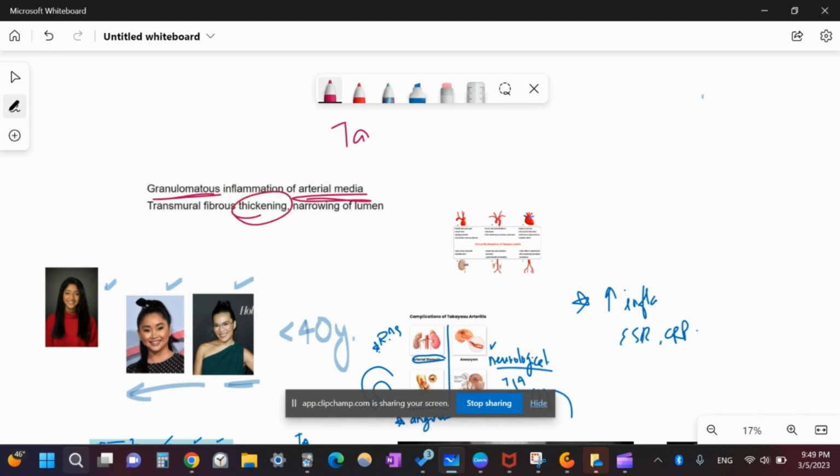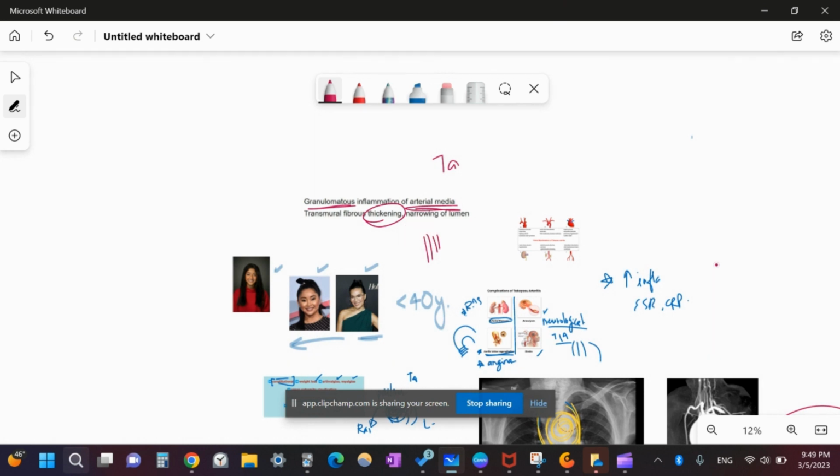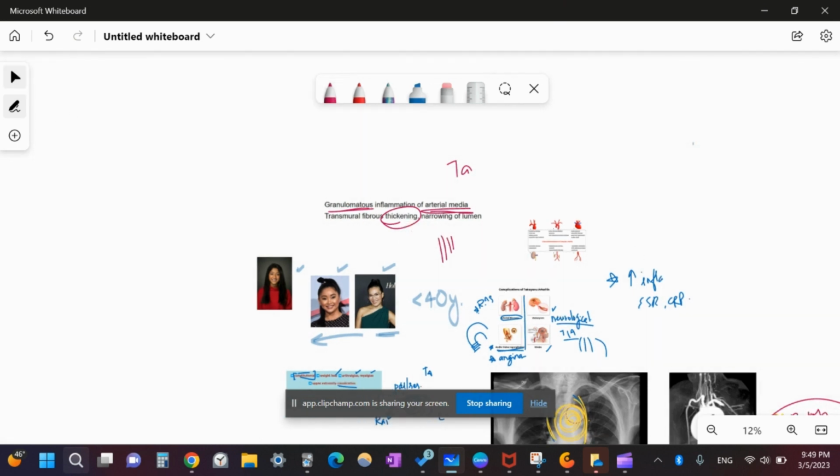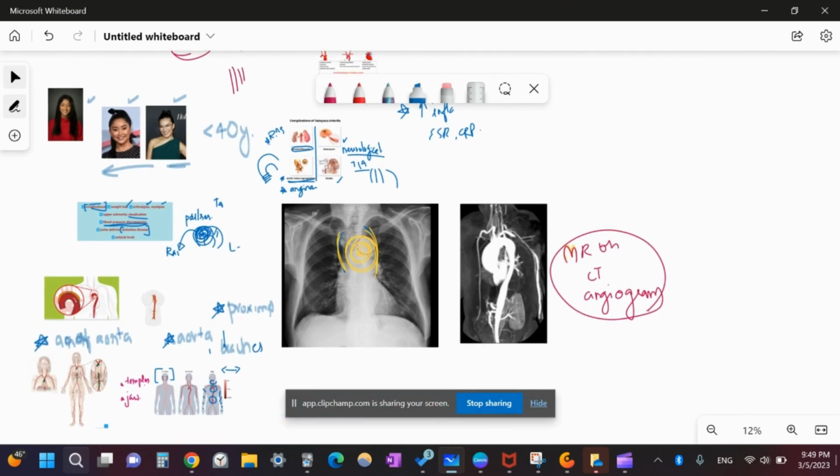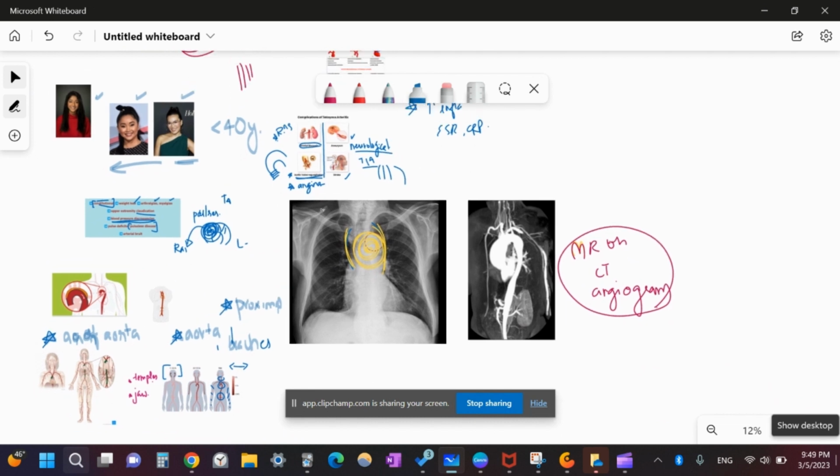So there's going to be thickening of the wall and narrowing of the lumen, and that can be seen on the angiogram. And you can see that the aorta has become pretty wonky over here, right? It's just not that smooth structure of the aorta that you'd be expecting to see. It's all big and small and everything in between, right? So that's another thing that you want to look out for.